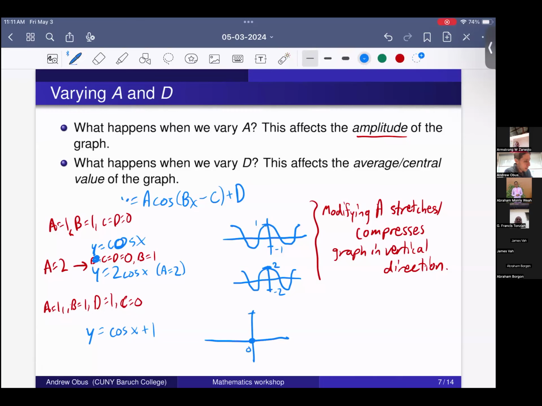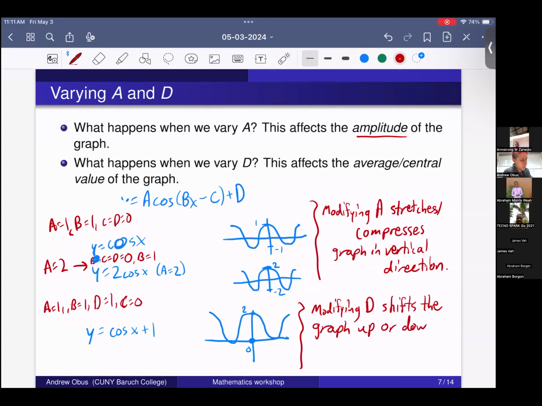So here's 0 and here's 2, and I'll have a similar kind of cosine graph, but the range is now going to go from 0 to 2. So modifying d shifts the graph up or down.